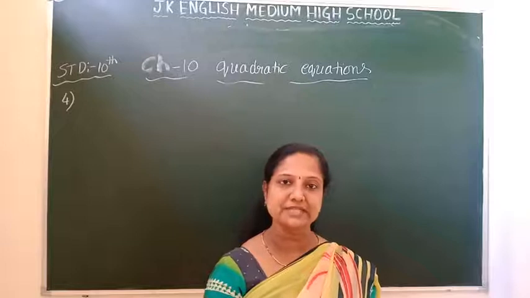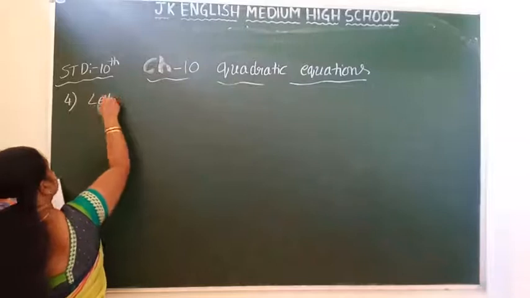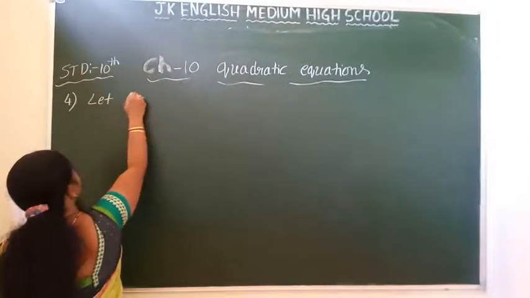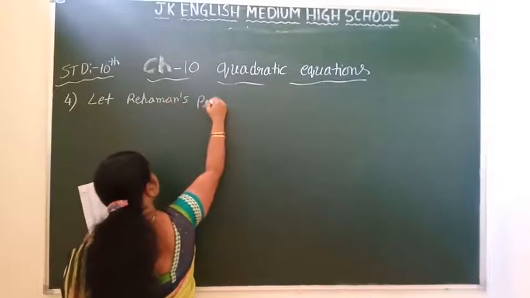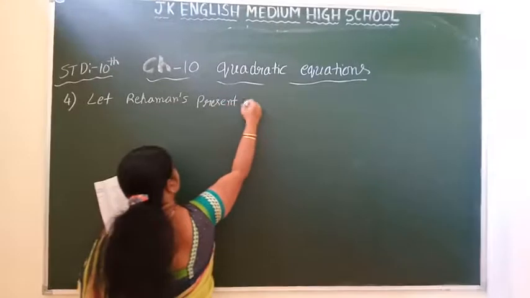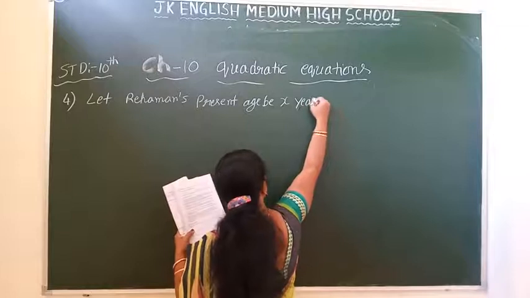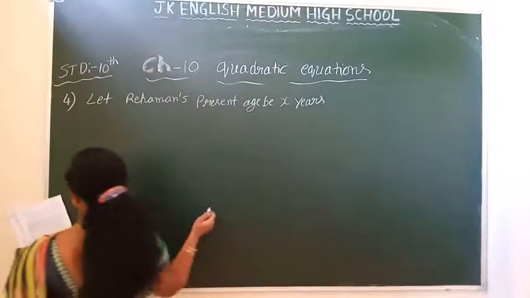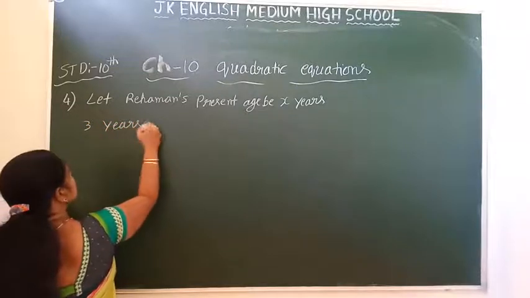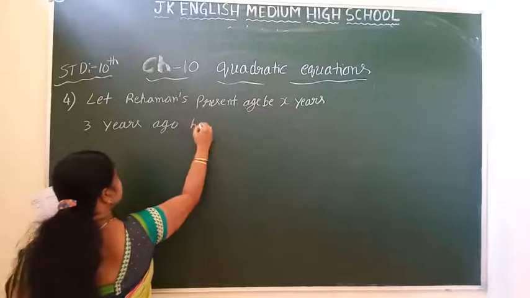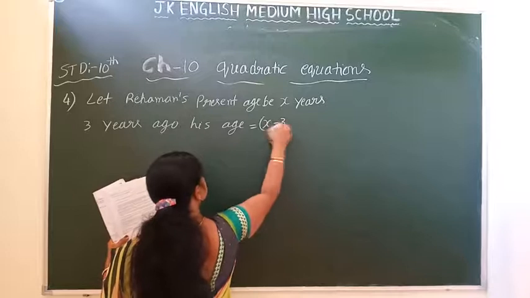Let Rahman's present age be x years. Then they gave the reciprocals of the age 3 years ago. 3 years ago the age will be x minus 3 years.